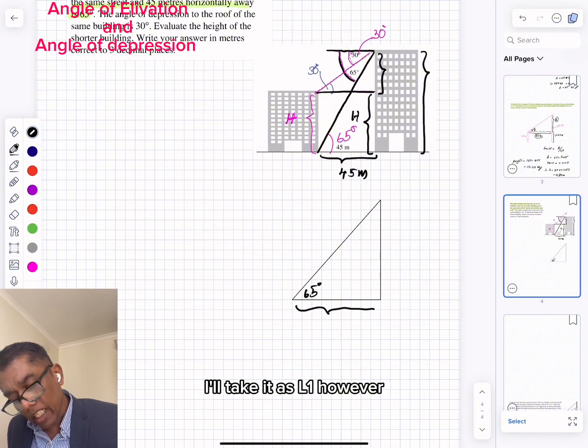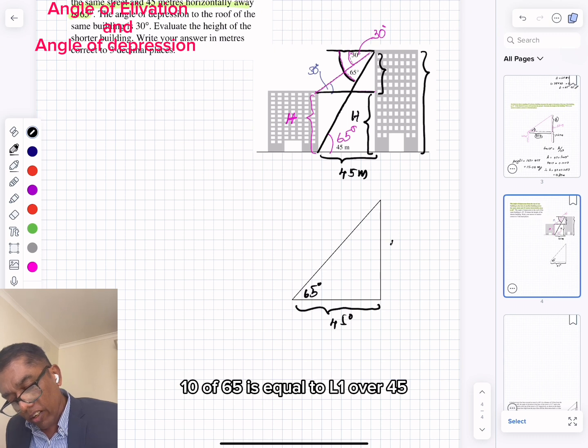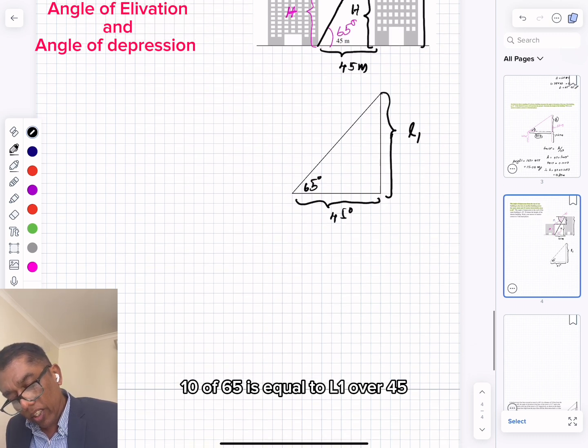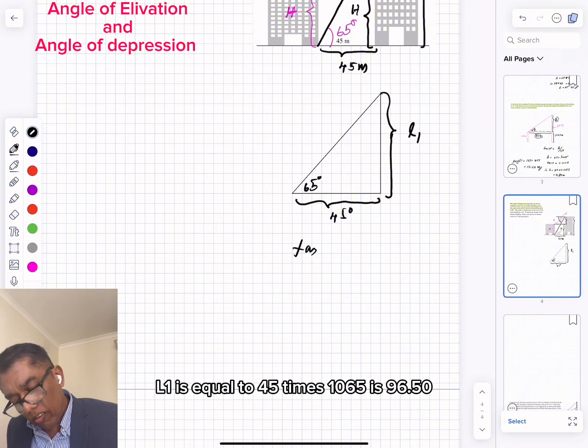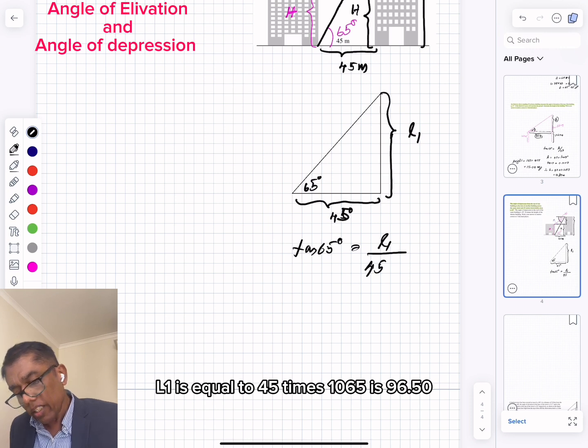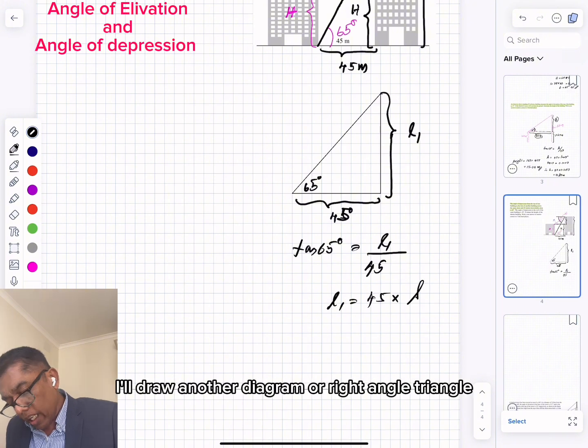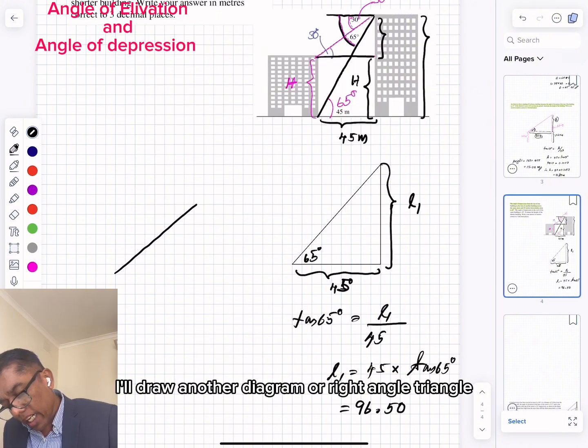I'll take it as L1. Tan of 65 is equal to L1 over 45. L1 is equal to 45 times tan 65, which is 96.50. I'll draw another diagram, a small right angle triangle.